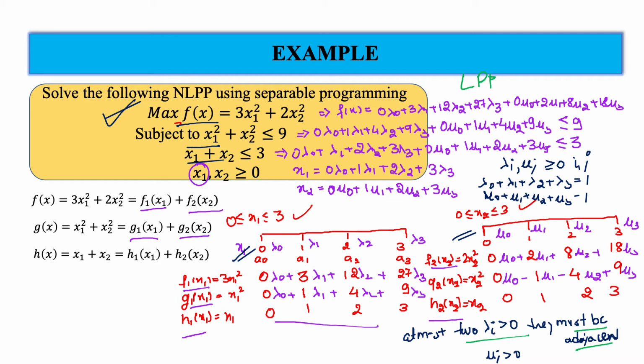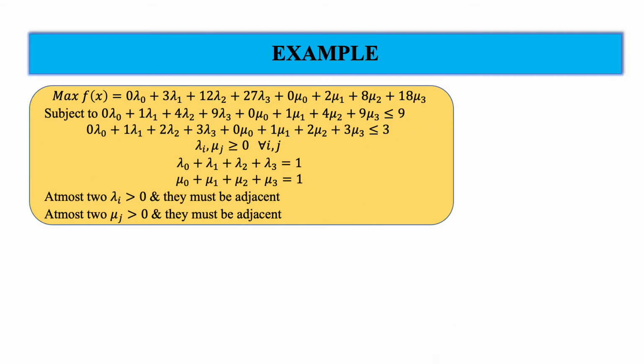So let us see. Our first constraint is less than or equal to 9, so we will add a slack variable, and we will add a slack variable for less than or equal to 3 also. Here we will add S1, here we will add S2. So this is our given LPP, and to solve it using simplex method, if it's in minimization form, we will convert it to maximization, but it's already in maximum form, my objective function.